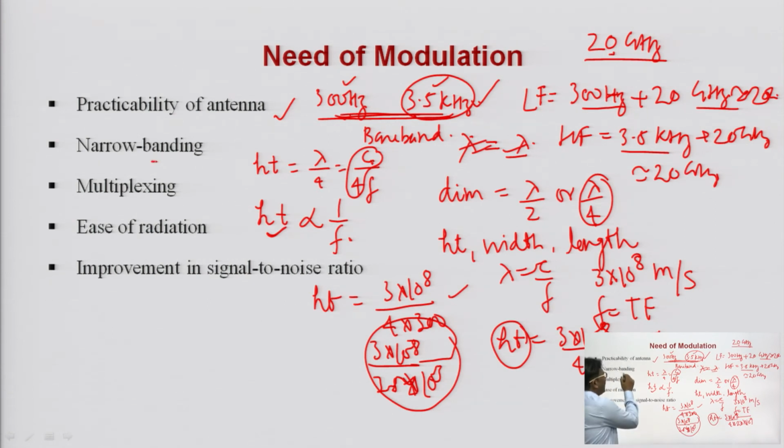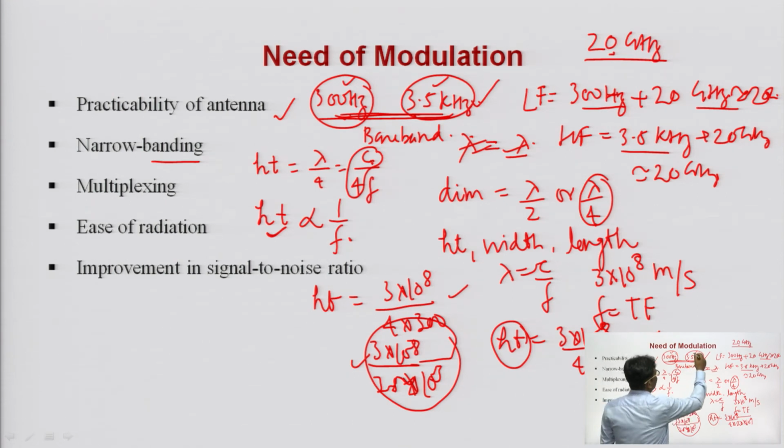Now, what is narrowbanding? Narrowbanding means, you can see here, if I transmit my information without modulation, and I transmit the 300 hertz frequency component, the lowest frequency component in my speech, I require a kilometer-size antenna. Simultaneously, for the highest frequency component, 3.5 kilohertz, the height of the antenna is different.